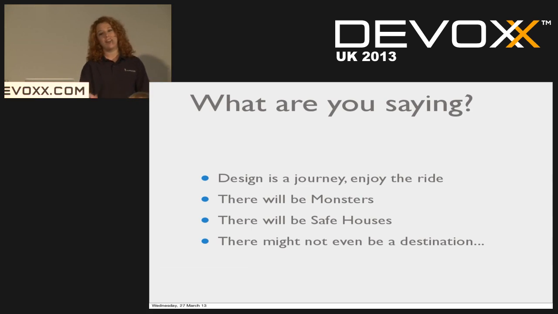Fix this bug, add this, change that, do the other. And when we embrace the fact that our development process is like this journey, we realize that design is not something that's done up front or even necessarily at milestones along the journey. It's something you're doing all the time. And along this journey, you're going to meet monsters that need to be slayed, and you're going to reach save points, at which point you can be quite happy. And as I said, you might not even reach a destination at the end of this journey.